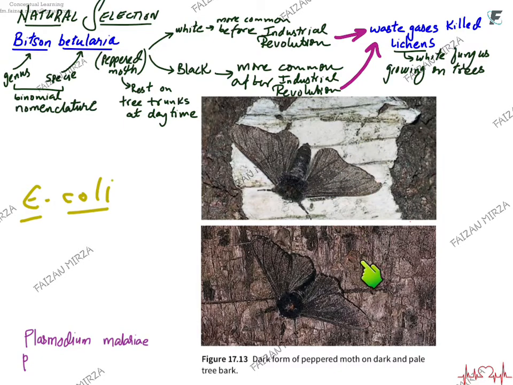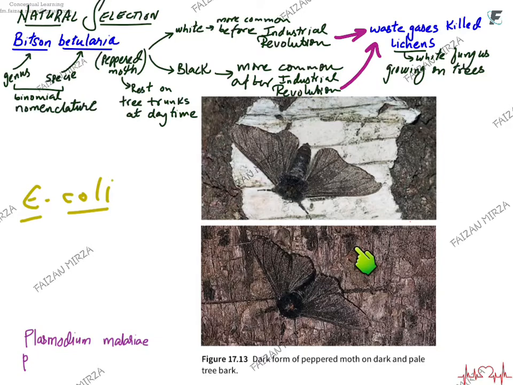But after the Industrial Revolution, the lichen got killed because of the waste gases, so the background turned black, and now the black one got a selective advantage.